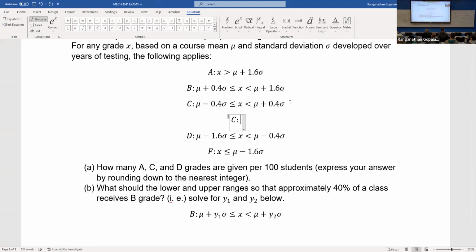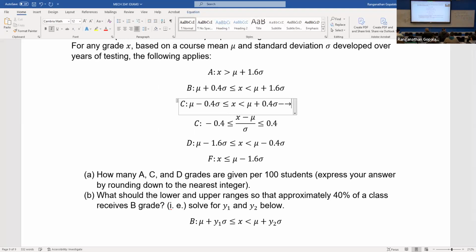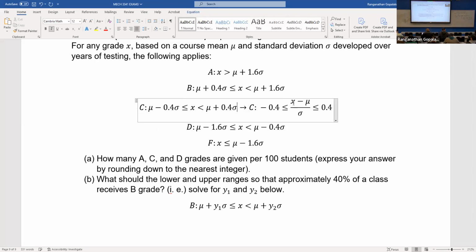C can also be minus 0.4 less than or equal to x minus mu divided by sigma less than or equal to plus 0.4. That is, I'm transforming this statement into the normal form, and this x minus mu over sigma is what we call z, which you look up in the provided table.